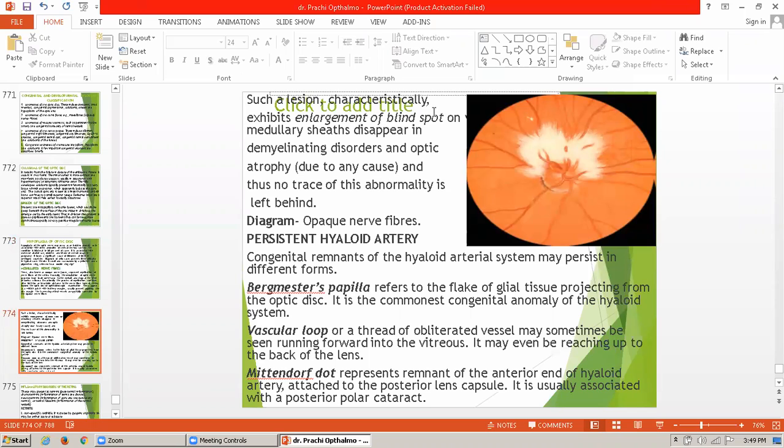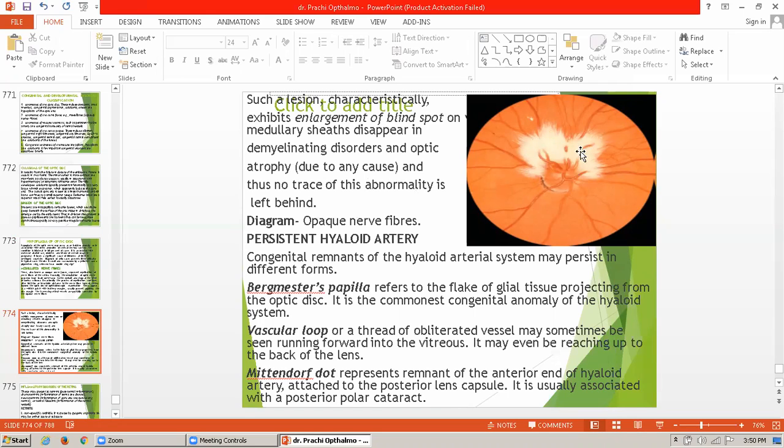So such a lesion characteristically exhibits an enlarged blind spot, and the medullary sheath may disappear in demyelinating disorders and optic atrophy due to any cause, and thus there is no trace of this abnormality left behind. So this is the diagram of the opaque nerve fiber.